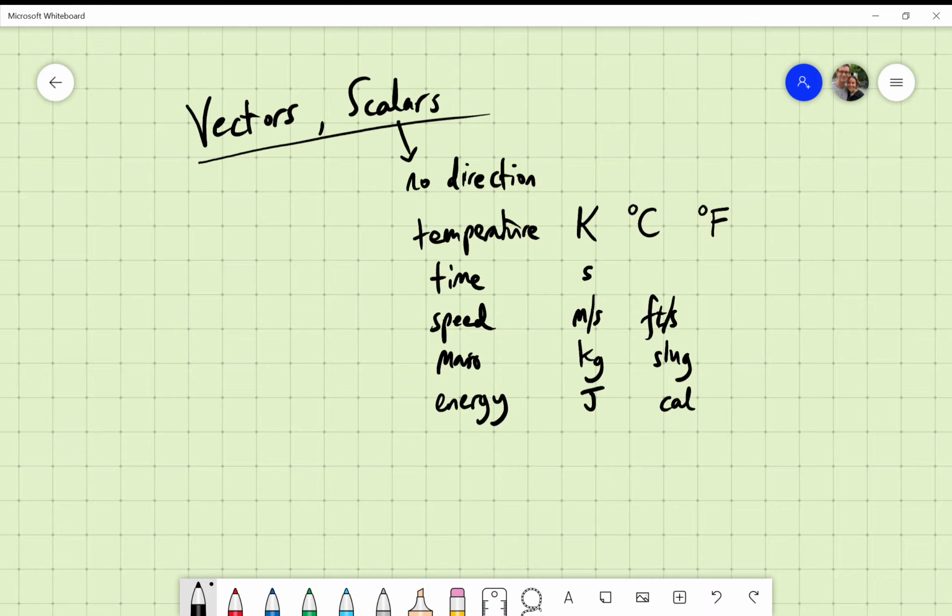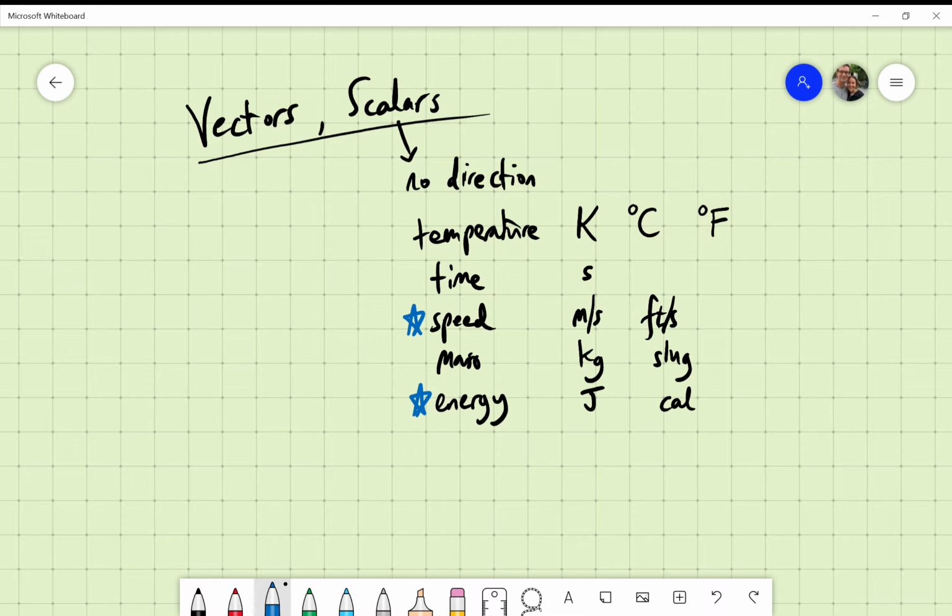You might be wondering about a couple of these, like speed or energy. Can't things have kinetic energy as they move? Wouldn't that imply direction? The answer actually is no, and there are some good reasons why. What about speed? Don't you run in a particular direction? Don't you drive with a certain speed in a certain direction?